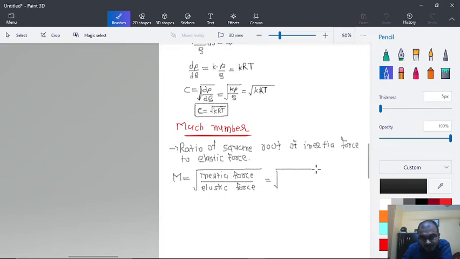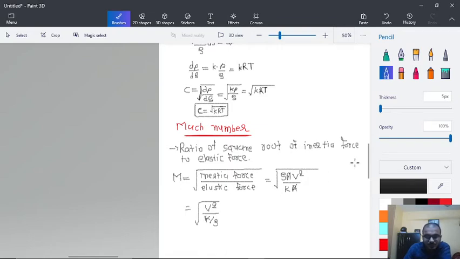So here the inertia force is rho A V square divided by KA. So A will get cancelled, and if we continue mathematically, we can write this as equal to the square root of V square divided by K upon rho.